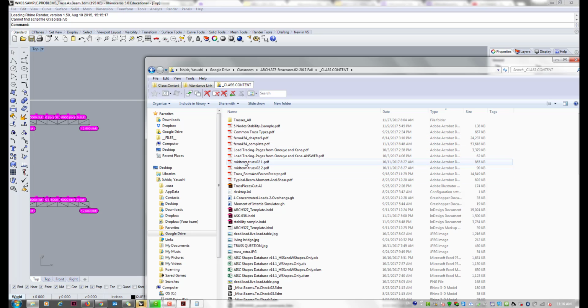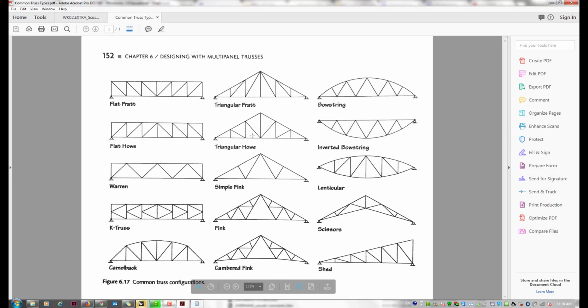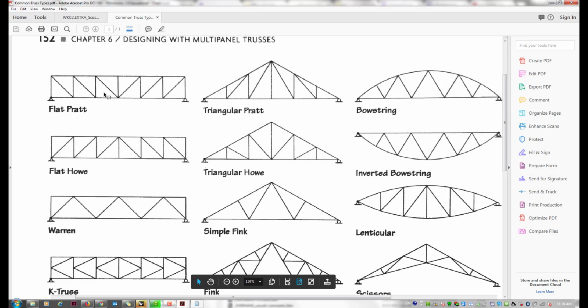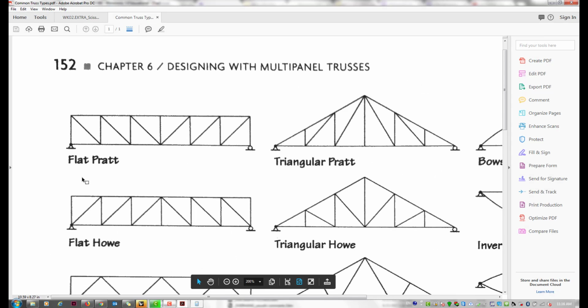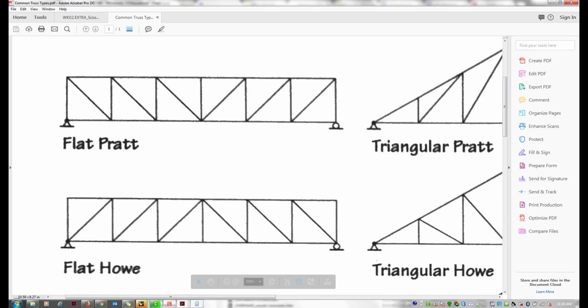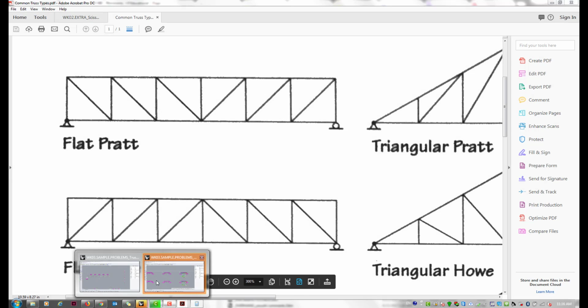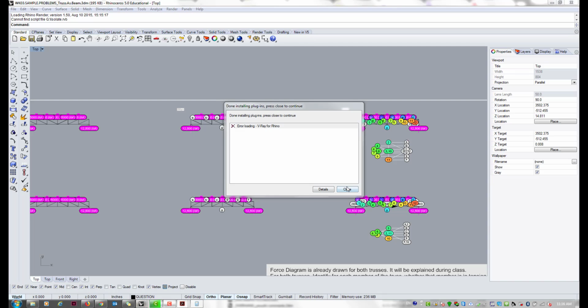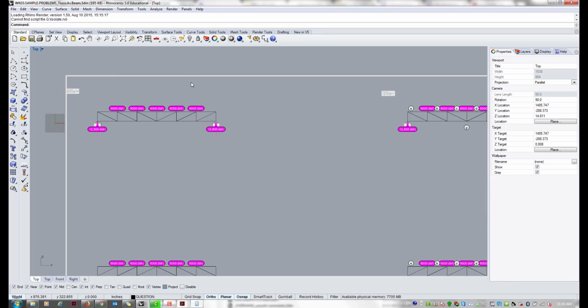Typical common truss types. Those two are apparently called flat Pratt truss and flat Howe truss. That's basically what I'm showing here, right?